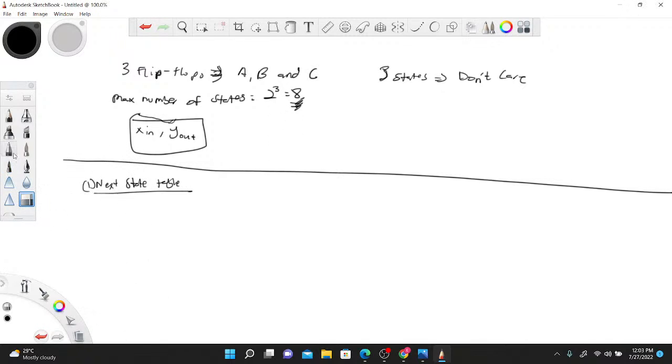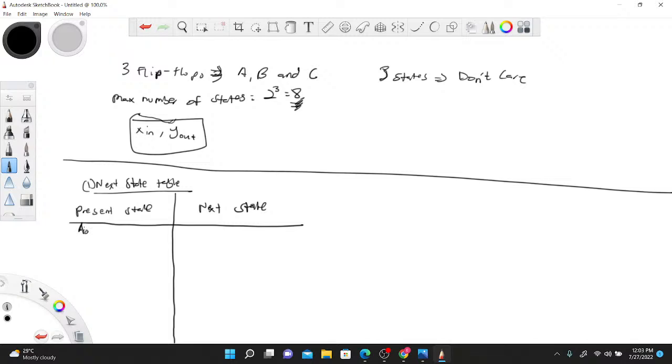So you have a present state, you have a next state. One beautiful thing about it is that your present states are A0, B0, C0, and your next state is A1, B1, C1.